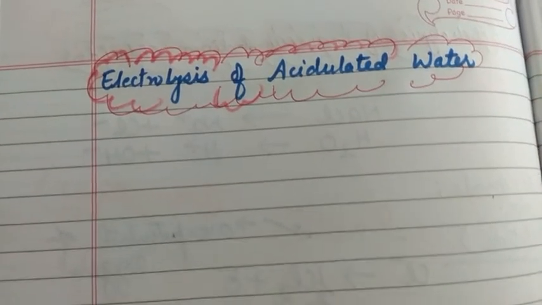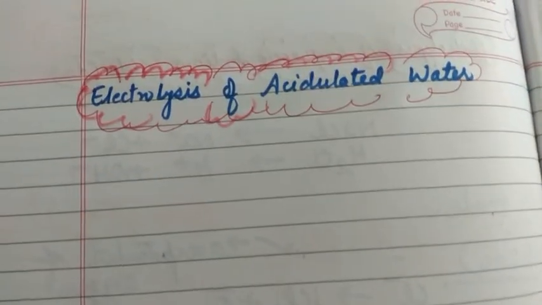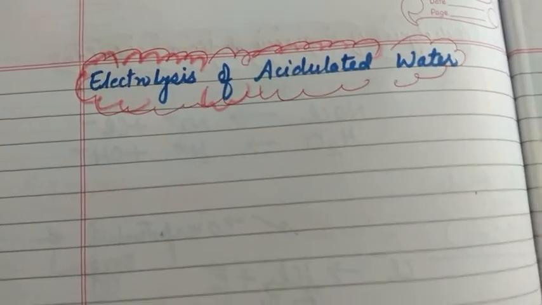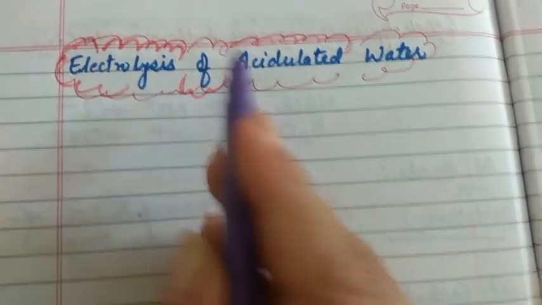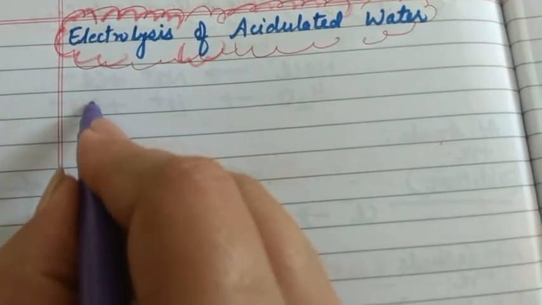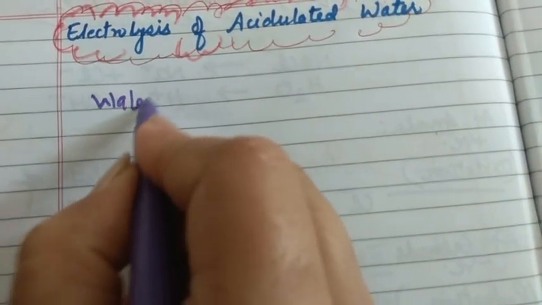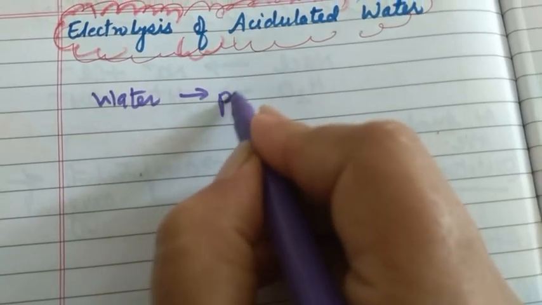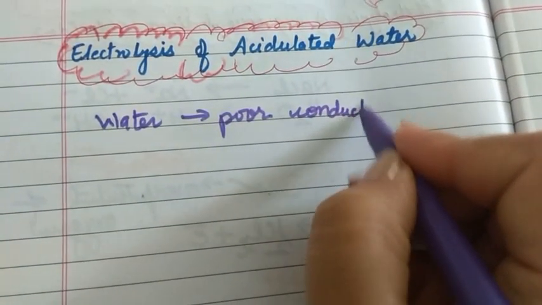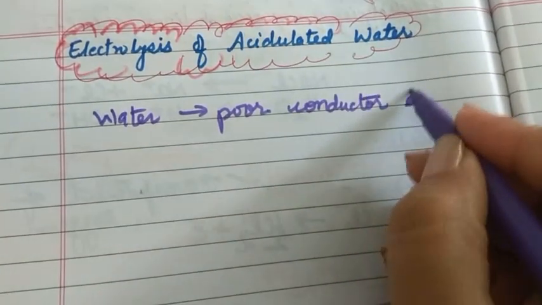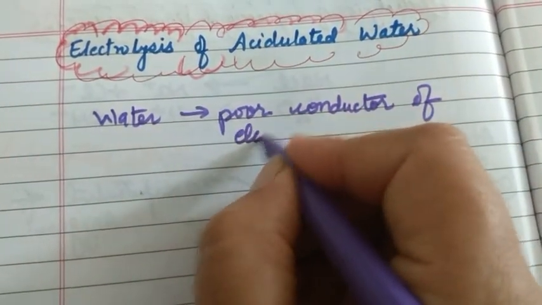So student, next is electrolysis of acidulated water. As you all know, water is a poor conductor of electricity.